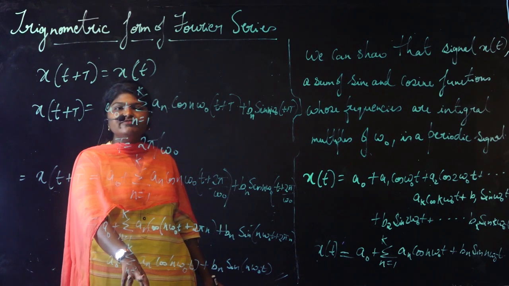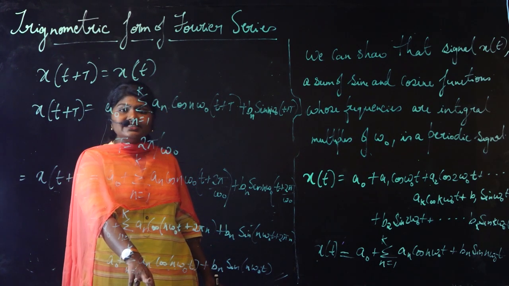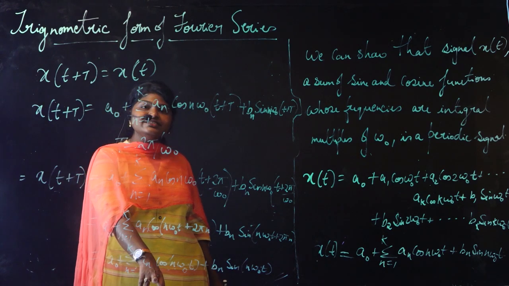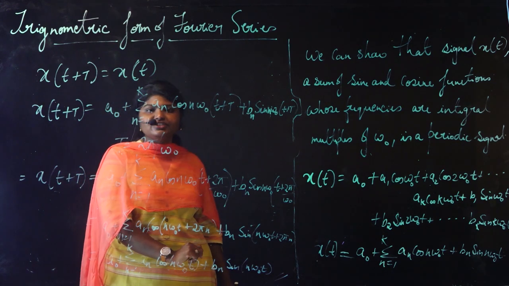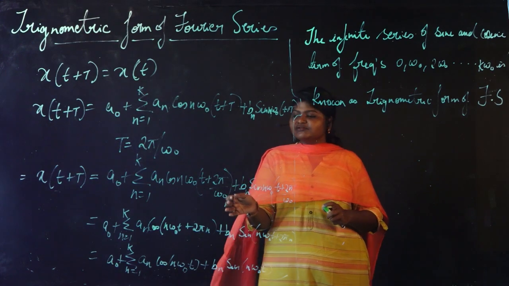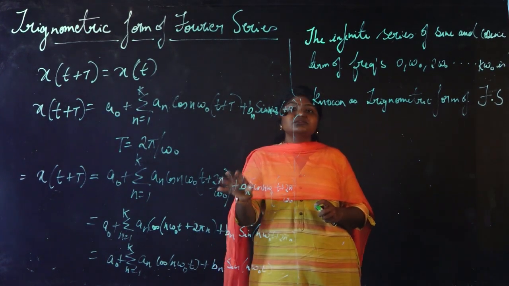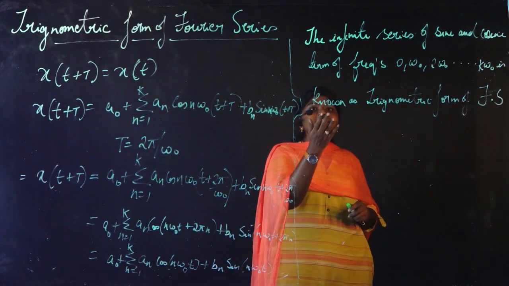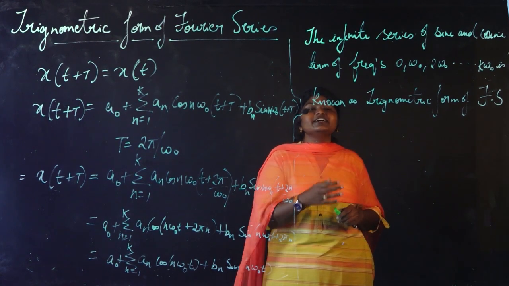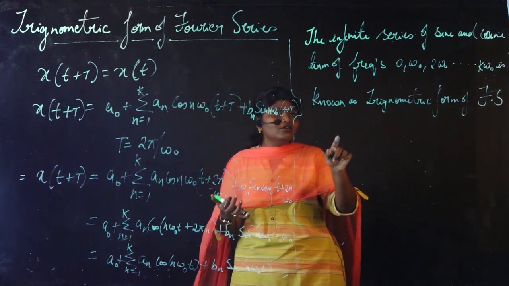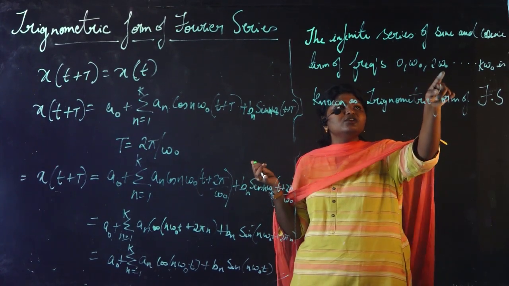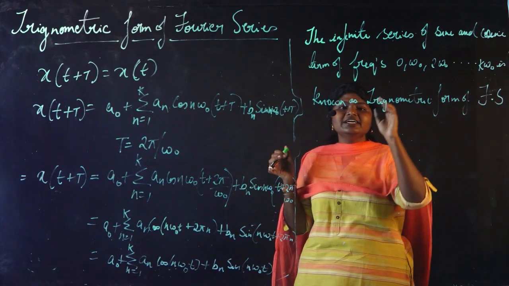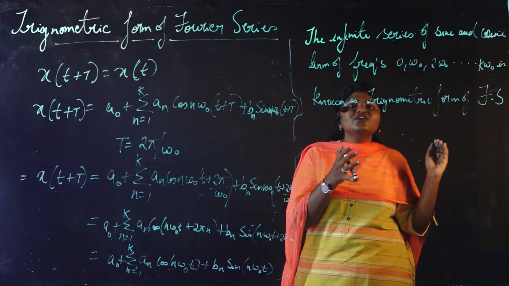If k tends to infinity, then we can say that it is an infinite Fourier series expansion. So this is the expansion for n equals 0 to k. The infinite series of sine and cosine terms of frequencies 0, ω₀, 2ω₀ and kω₀ is known as the trigonometric form of Fourier series.